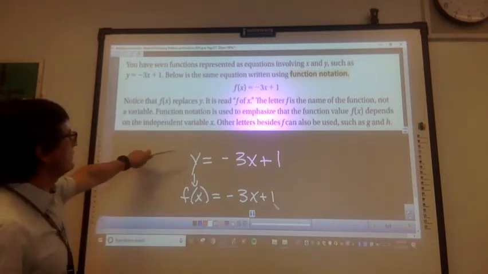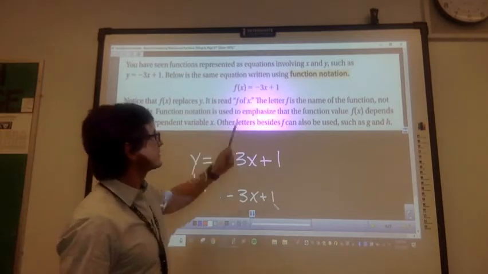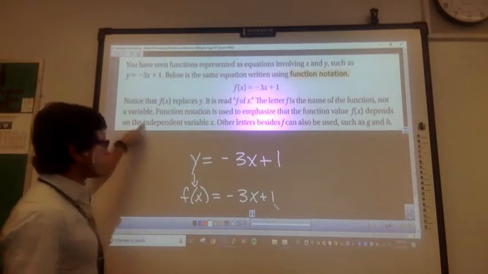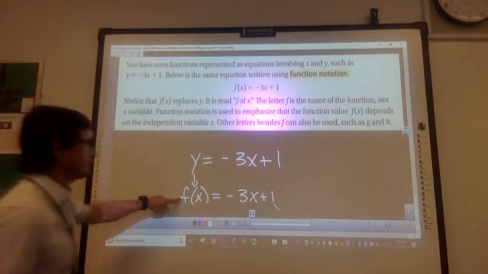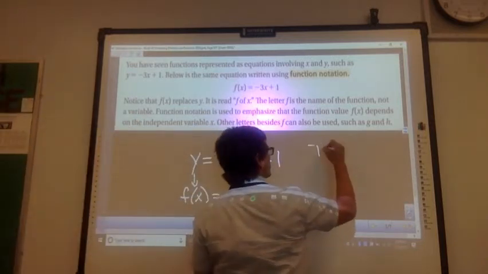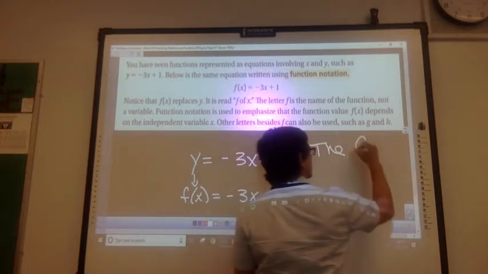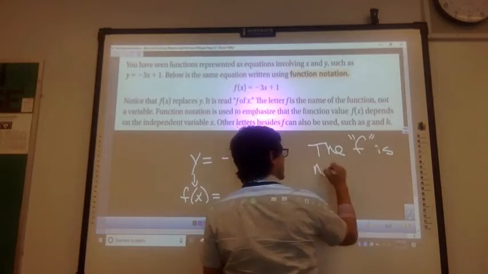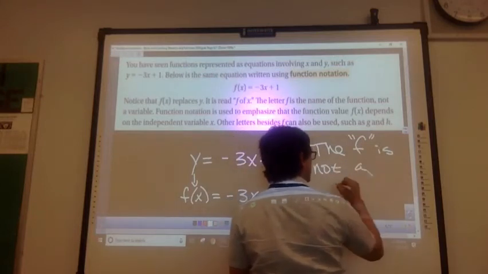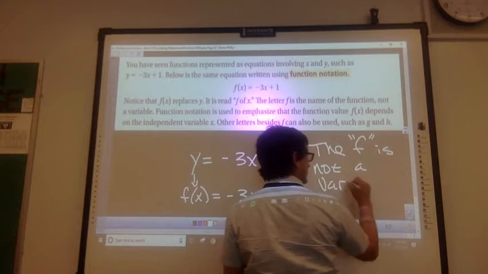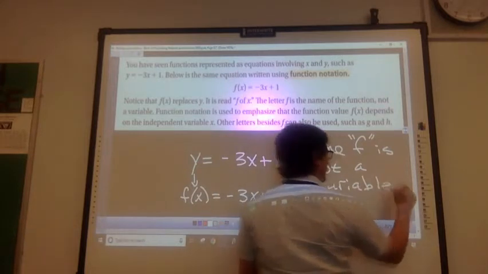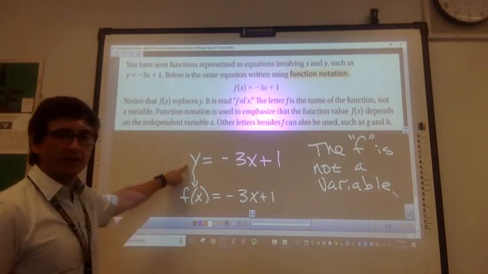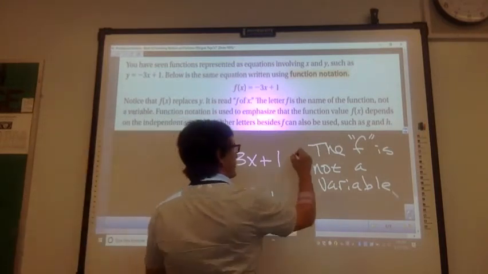It is read f of x. The letter f is just the name of the function, not a variable. And what I told you guys on Tuesday is that on the f of x side, never do math on the f of x side.